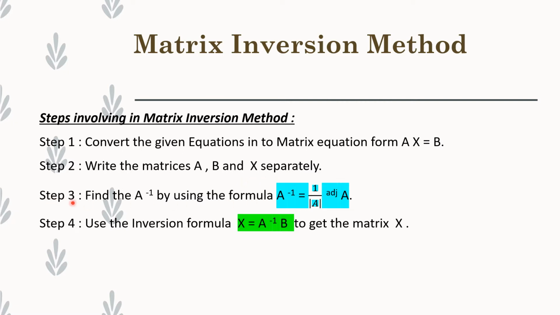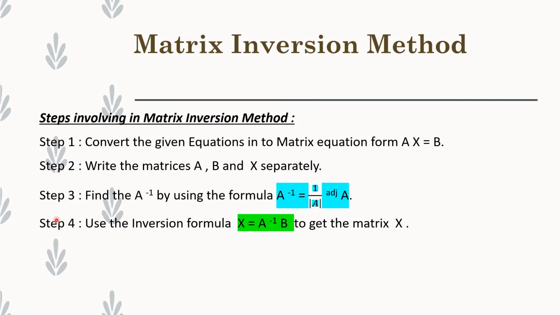Step 3 is find the A inverse by using the formula A inverse equal to 1 by determinant of A into adjoint of A. That we already learnt in the first exercise.